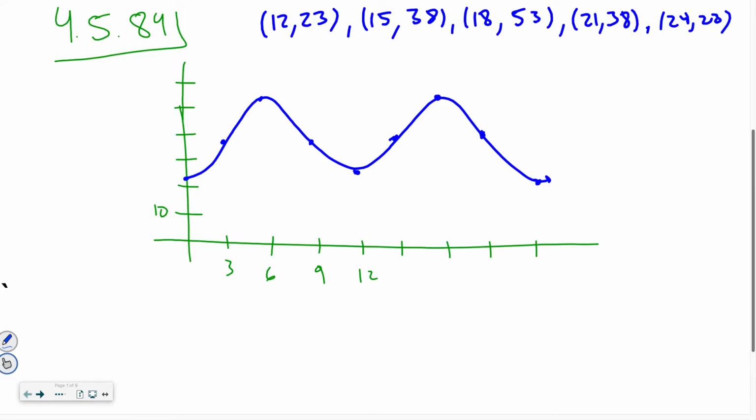Okay, there it is. All right, so let's find the equation for this graph. We're going to come back to this. I don't think there's a 4-8 in the book, but I made my own little 4-8 where we look at this a little bit more in depth as well. But if we look at this, our amplitude.